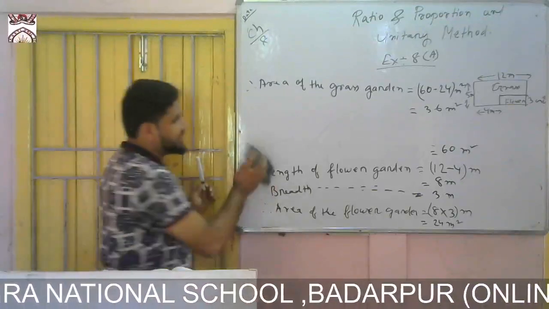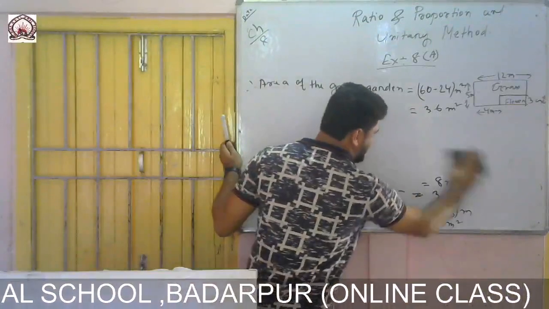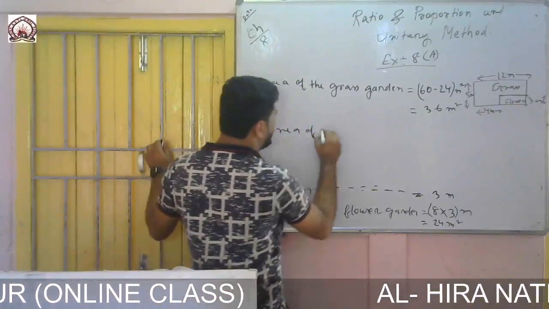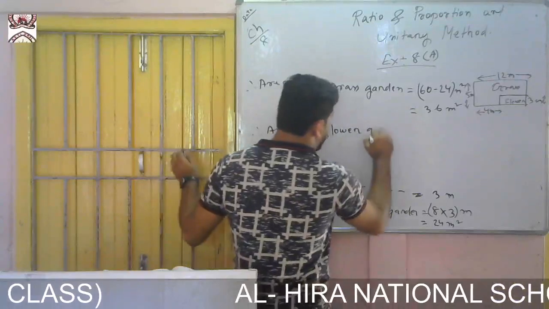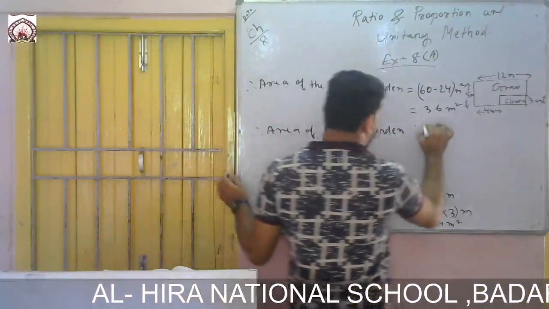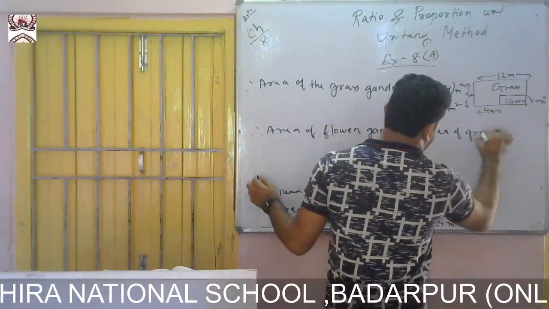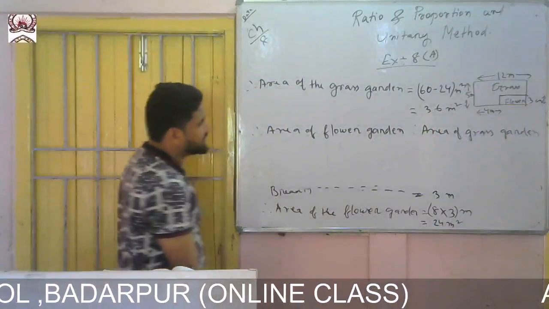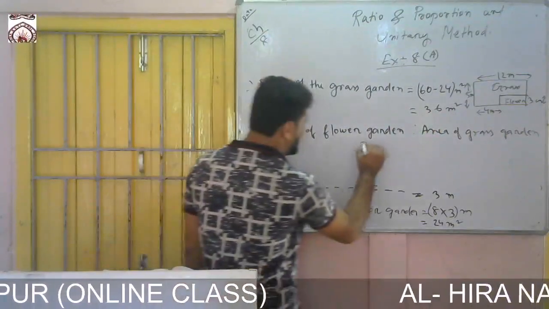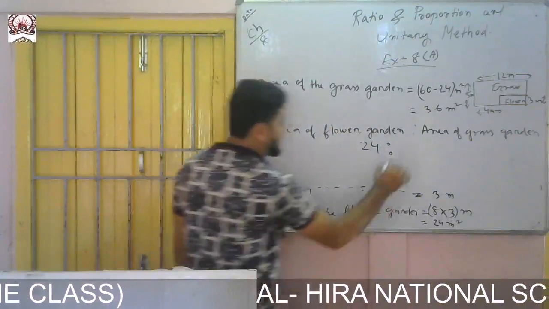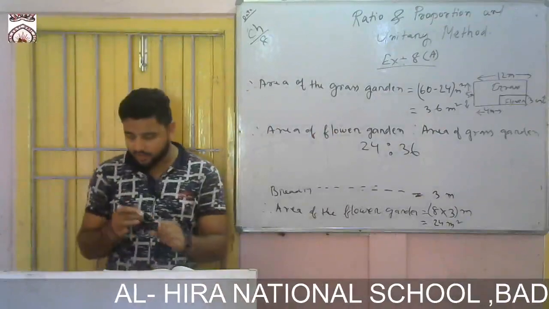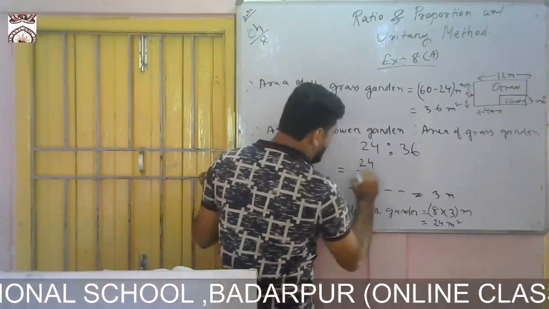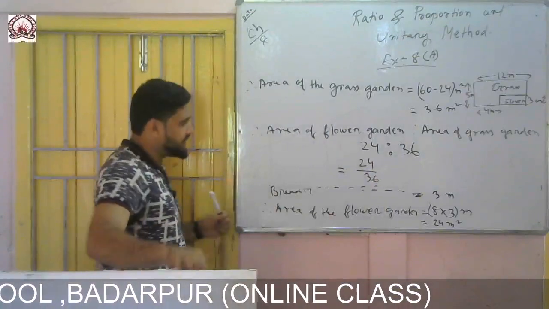So area of flower garden was 24, is to area of grass garden, 36. Now like earlier, 24 by 36.